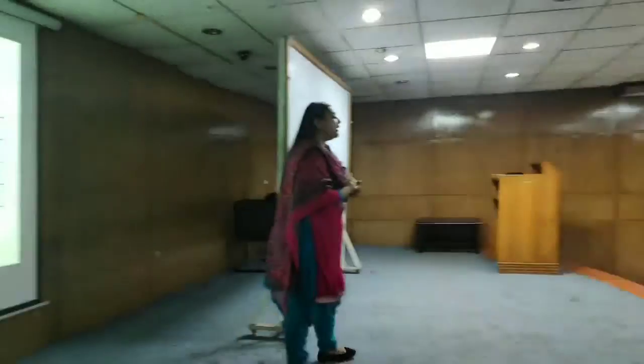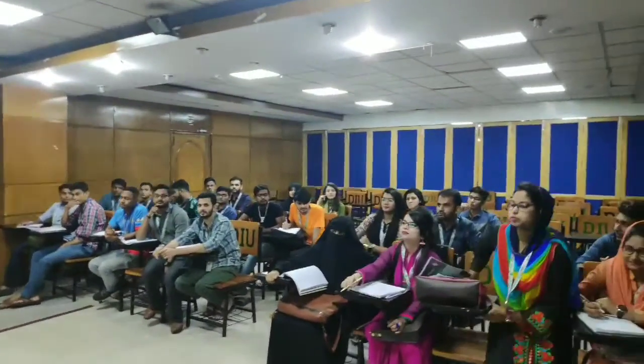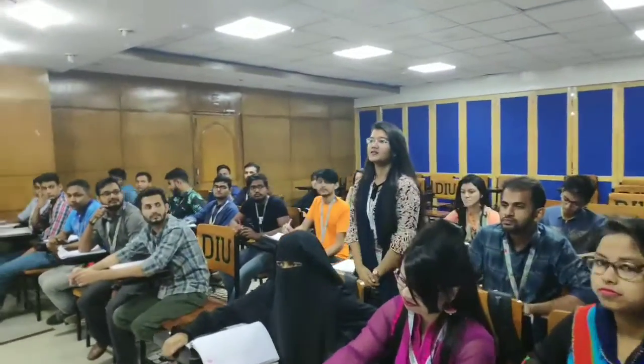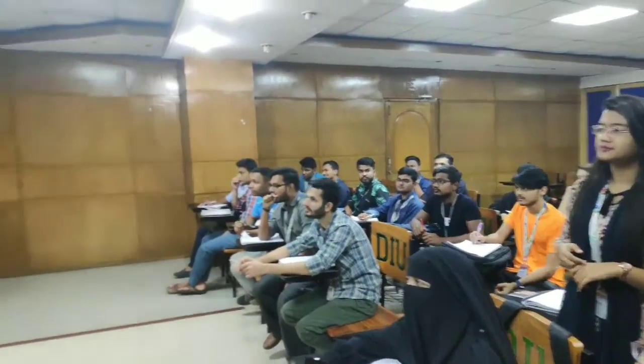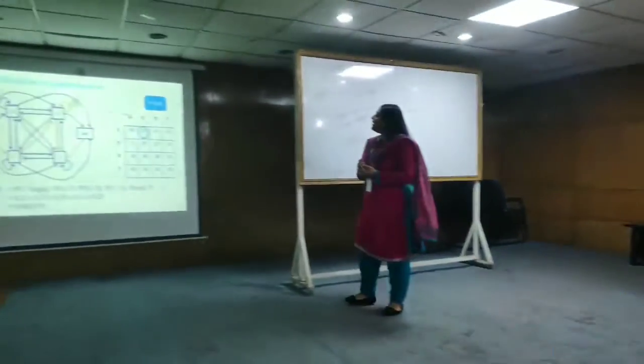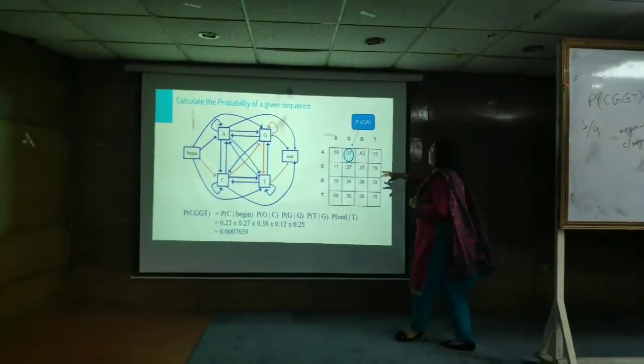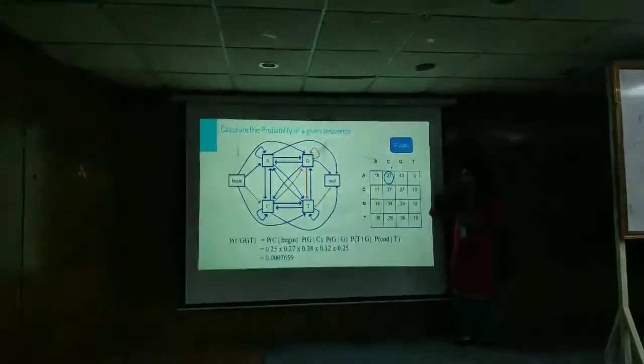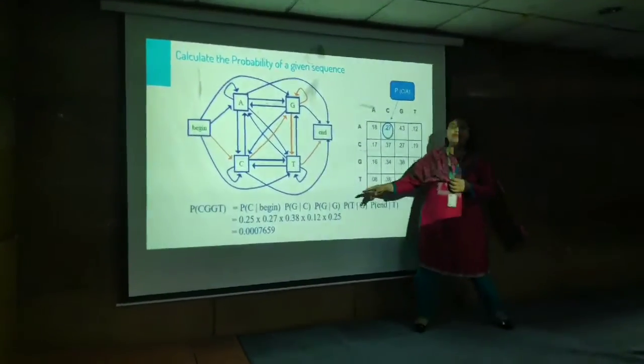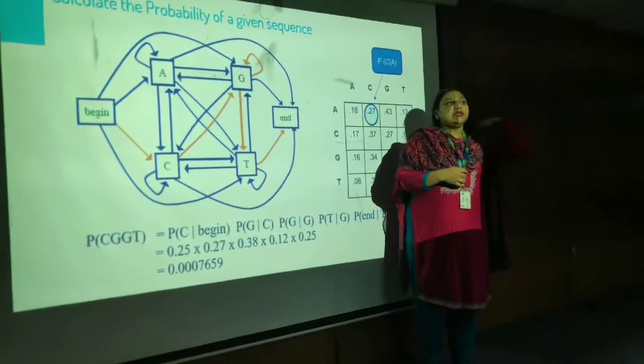Next, any question? How can we calculate if the table is given in our question paper? The table will be given in your question paper, and you can see some values given there. If we want to calculate, I demonstrated it previously.